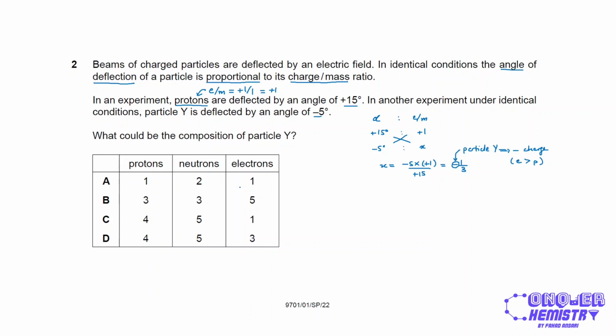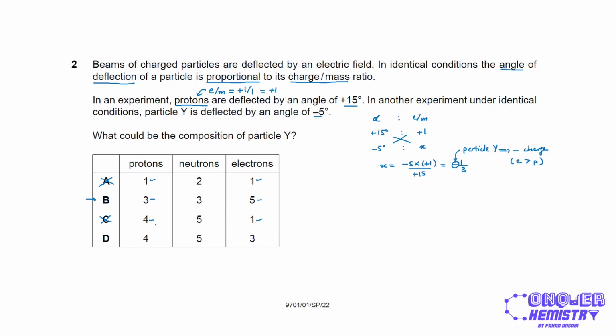So option A has 1 proton and 1 electron, so they're both equal, so this is incorrect. Option B has 3 protons and 5 electrons, so over here 5 is greater than 3, so I could consider this. Option C has 4 protons and 1 electron, so over here the situation is reversed. This is not what we want. We want more electrons.